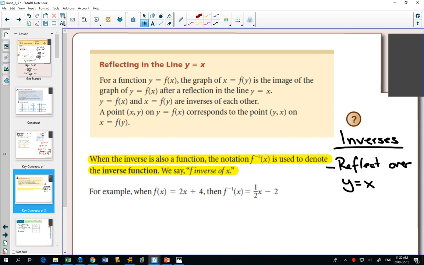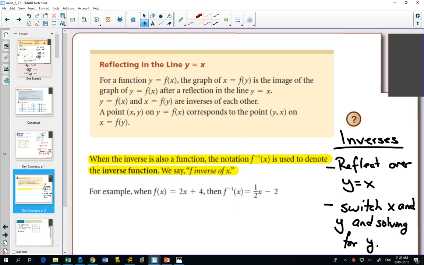First thing, you can find the graph by reflecting it over y equals x. You can find the equation by switching x and y and solving for y.